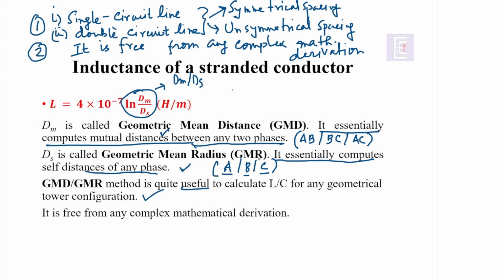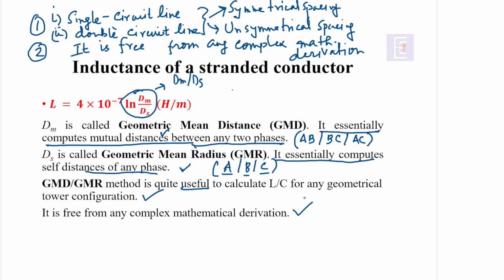This is the main advantage of this scheme. It works absolutely fine irrespective of the tower configuration, whether we have single circuit line or double circuit line, whether we use bundle conductor or stranded conductor, whether the spacing between the conductors is symmetrical or unsymmetrical. Everywhere it will work absolutely fine.